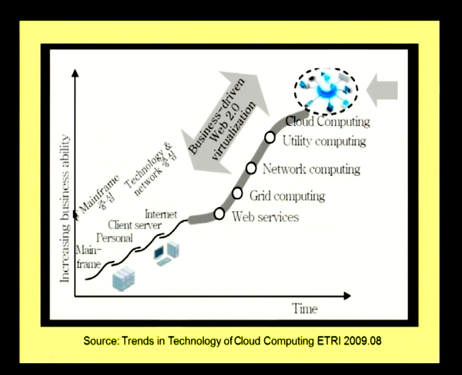Now, again I want to tell the same thing, that is, over a period of time how business ability has been improved by having different types of computing. We started with mainframe computing. Mainframes were very useful for financial and banking applications.